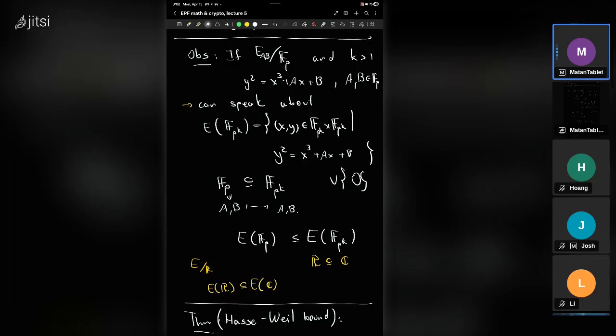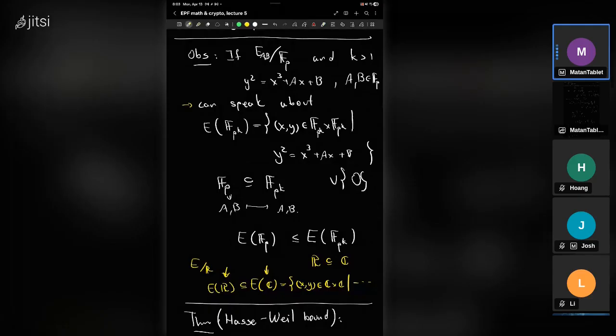The equation is defined over the real numbers, but the complex points are the set of x, y in C times C that satisfy the equation of E. Now there could be more points in E of C than the points you have in E of R, because C is a larger field. There could be more pairs of points that satisfy this equation.